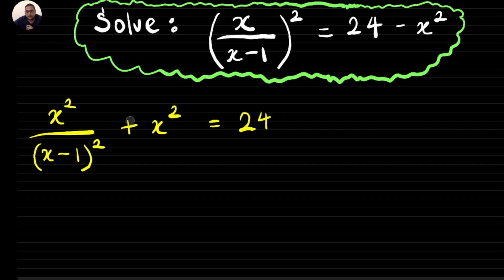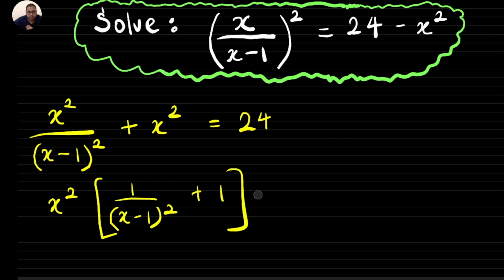For the next step, I have to factorize x squared, which means you take out x squared and write the remaining terms inside your bracket. So that will be 1 over (x minus 1) squared plus 1 equals 24.